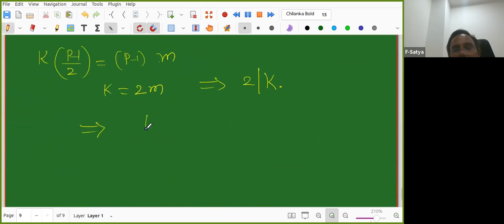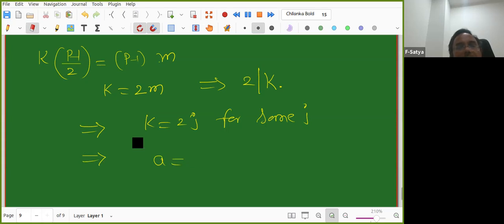So k is equal to 2j for some j. So a is equal to r power k, and now a is equal to r^j whole square. So this much I have.